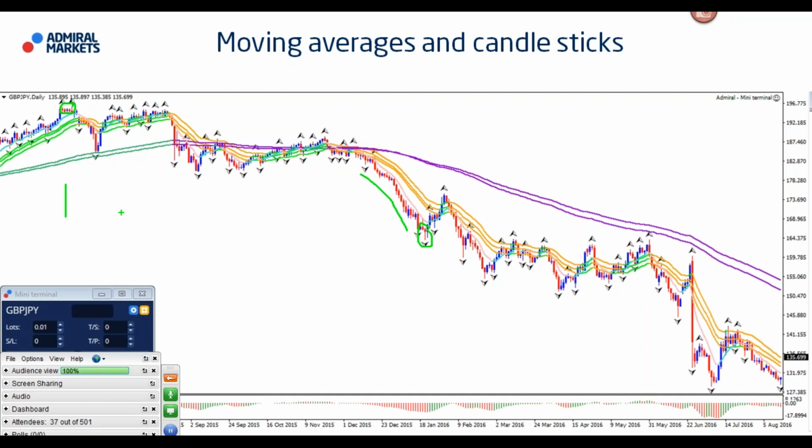The second way of catching the reversal is a break below the 21 EMA. Here a candle close below it, here a candle close below it. Those would be potential reversals. Now here you have a candle close above it too. But here's the difference. We know that there was strong momentum here with no divergence.